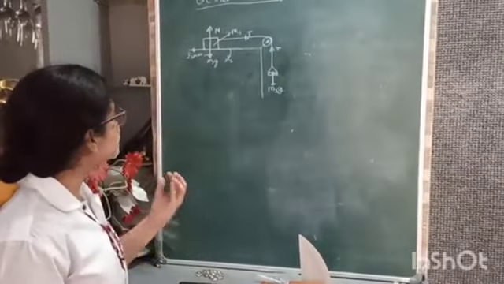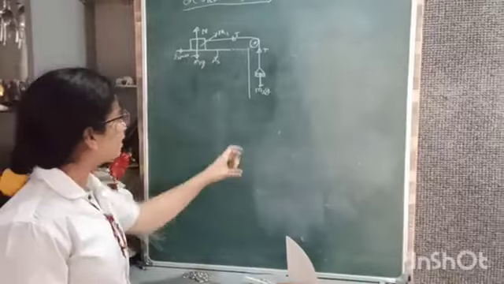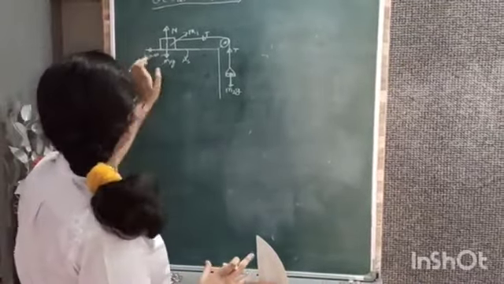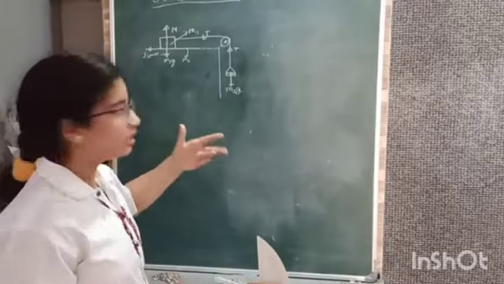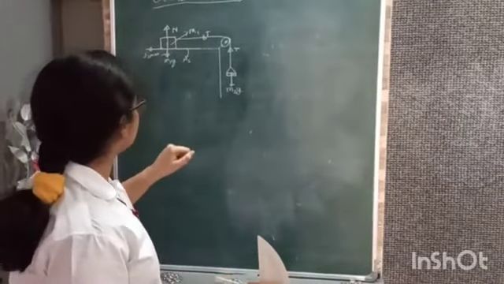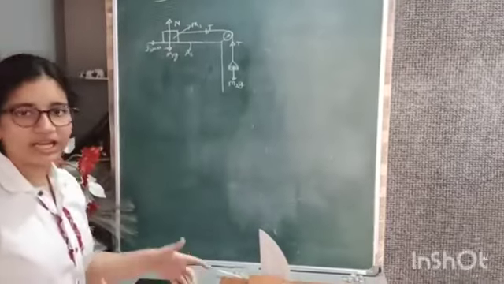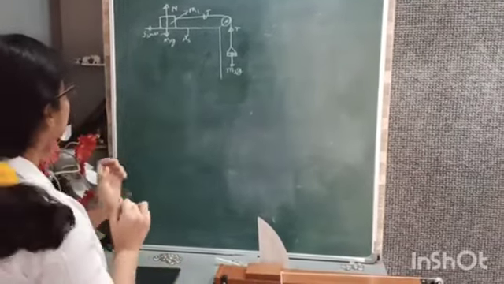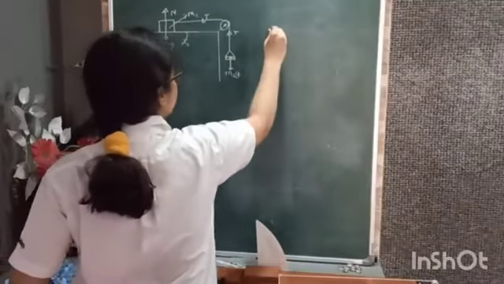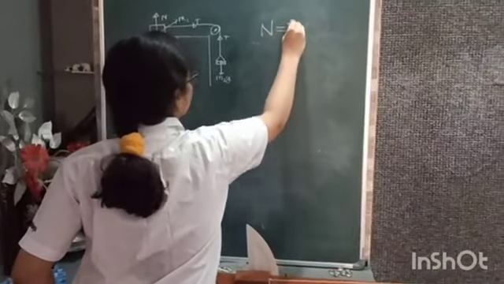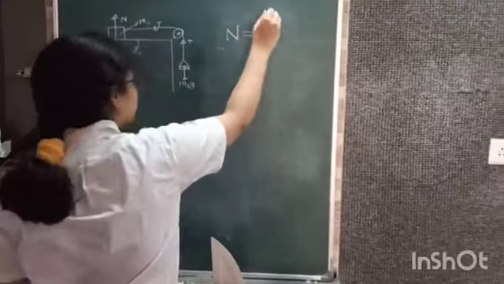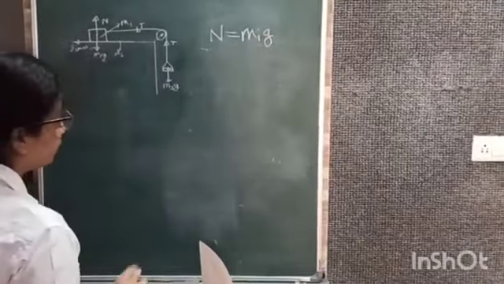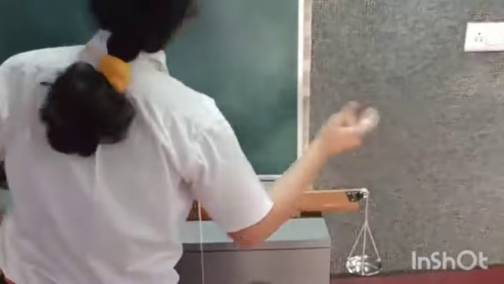Since it will just start moving, T and m2g will be equal to each other, and Fs max, or maximum static friction, will be equal to this tension force. But first of all, in the normal state there is no vertical movement in the upward or downward direction, so N is equal to m1g for this block. Now I will write the second equation on this plate mass.